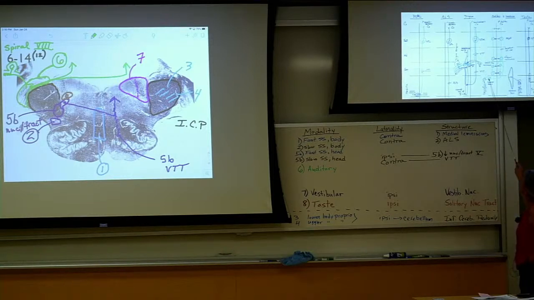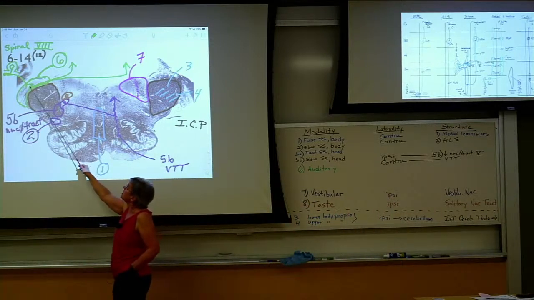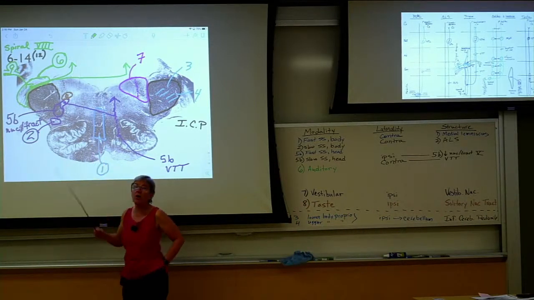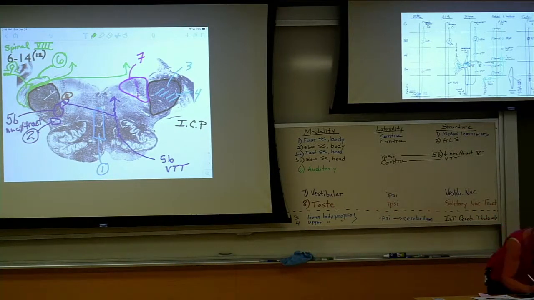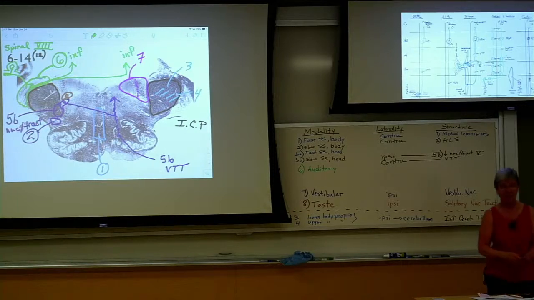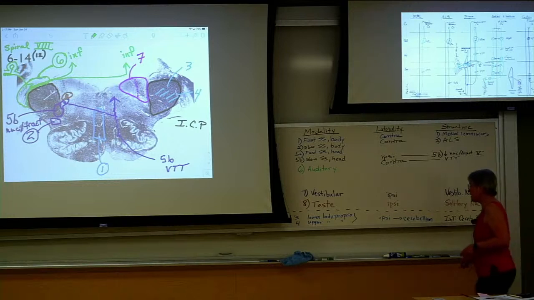And some of these neurons located right here in the cochlear nucleus are going to send their axons all the way to the inferior colliculus on the ipsilateral side. And some of them are going to send their axons all the way to the inferior colliculus on the contralateral side. And so this system has different laterality depending on the structure that you're talking about.